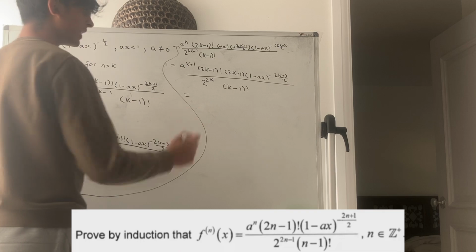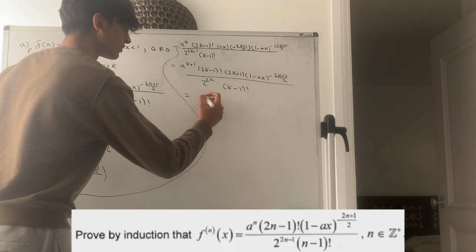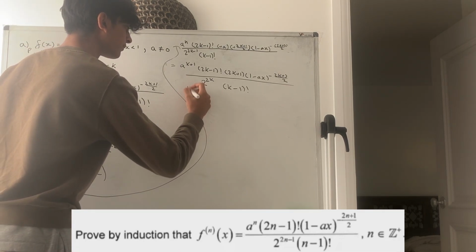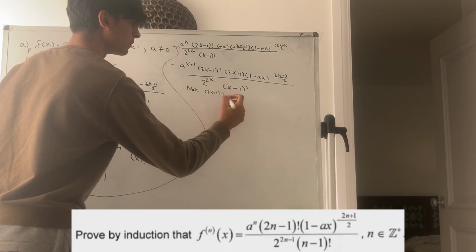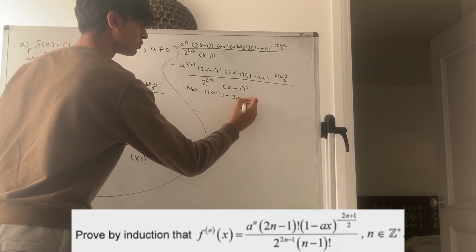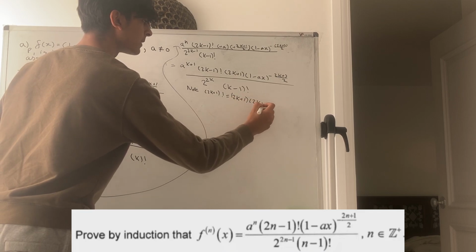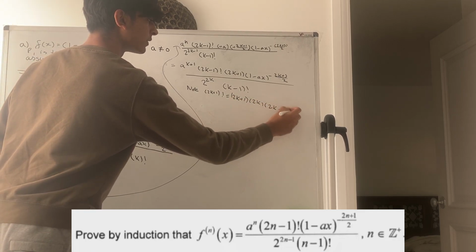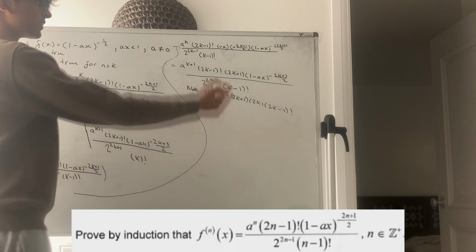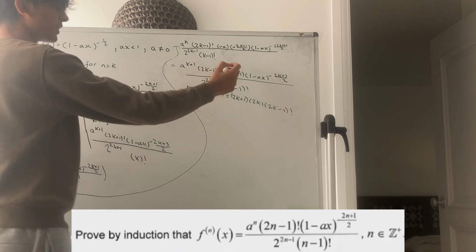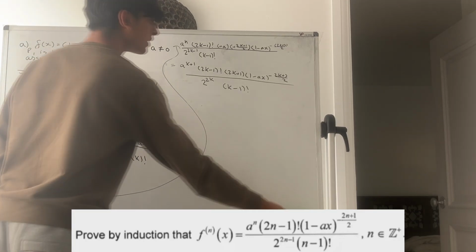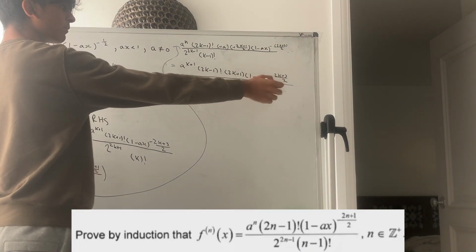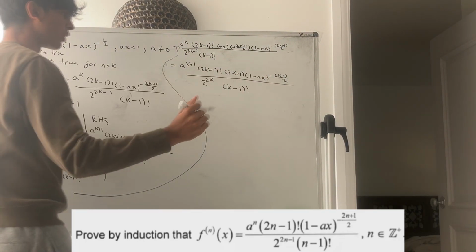So in order to do that, we notice that 2k plus 1 factorial is simply 2k plus 1 times 2k times 2k minus 1 factorial. So if I can somehow have a 2k here, I get 2k plus 1 factorial. So if I multiply this top side by 2k, bottom side by 2k, I can hopefully get somewhere.